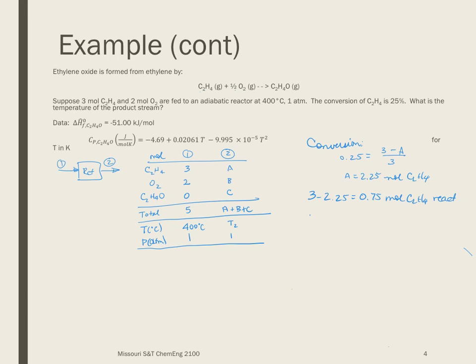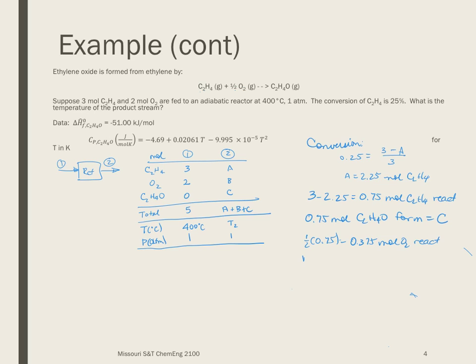This tells me that 0.75 moles of C2H4O will form. Okay, this is going to be C. And tells me that half of 0.75, which is 0.375 moles of O2 will react.